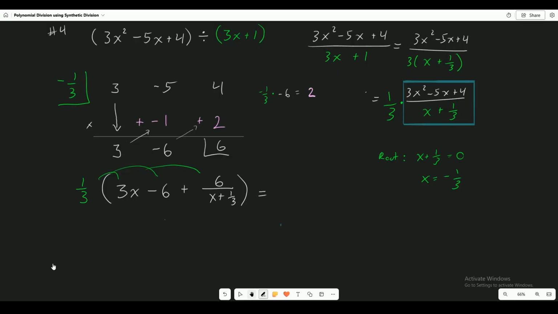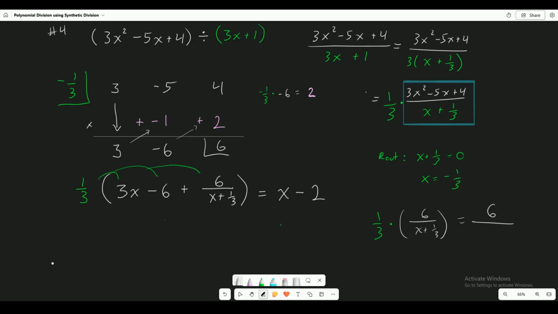1/3 times 3x is just x. 1/3 times negative 6 is minus 2. Right? And now I'm going to do 1/3 times 6 over x plus 1/3. 1 times 6 is 6.